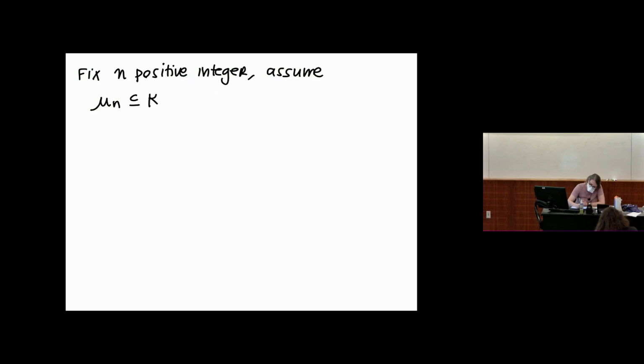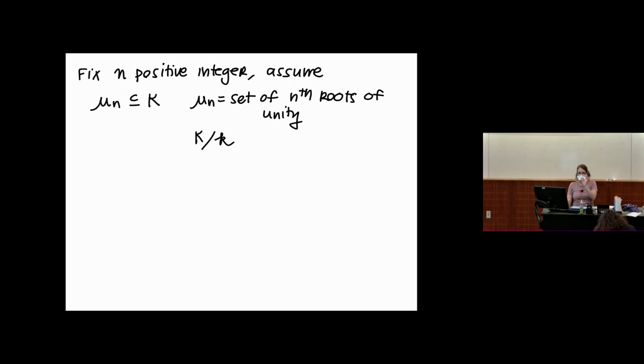All right, so let's put ourselves in a situation. We'll fix some positive integer n, and we'll assume that mu n is contained in K. So mu n is the set of nth roots of unity, and K is some extension of my little k.